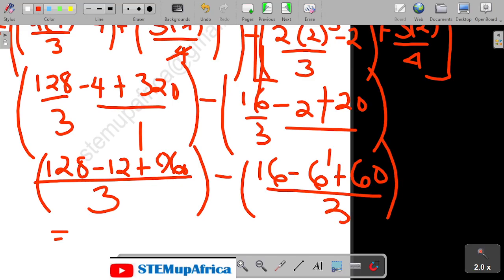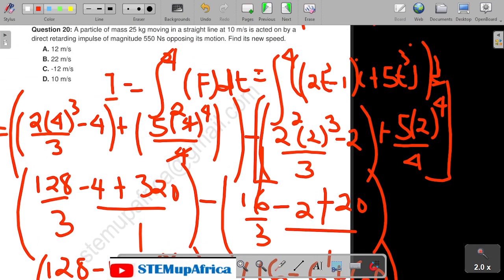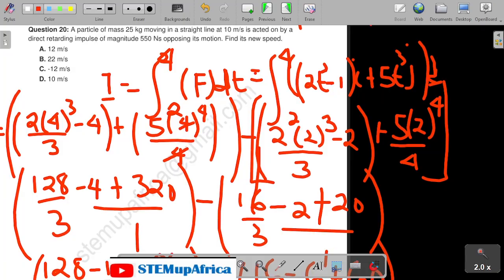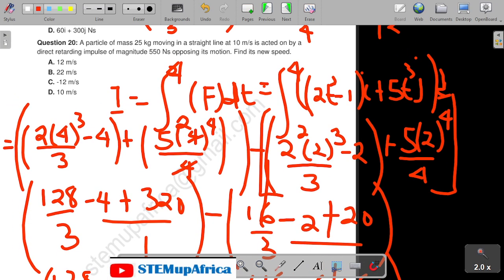So let's add the first number. 128 minus 12. So don't forget, this one is for I, this one for J, then this is I, this is J. Don't forget that.